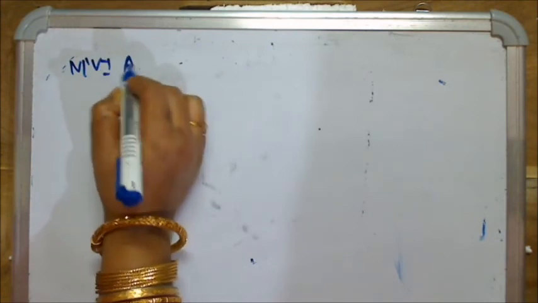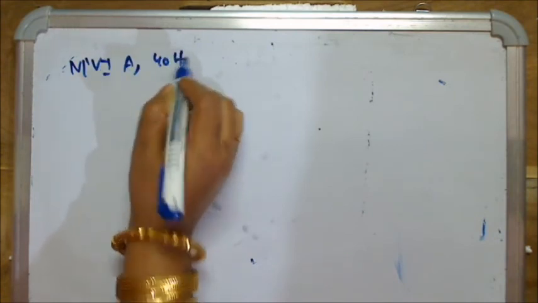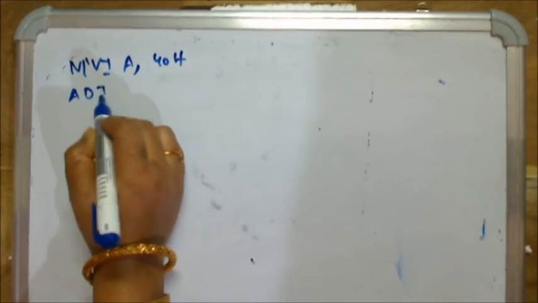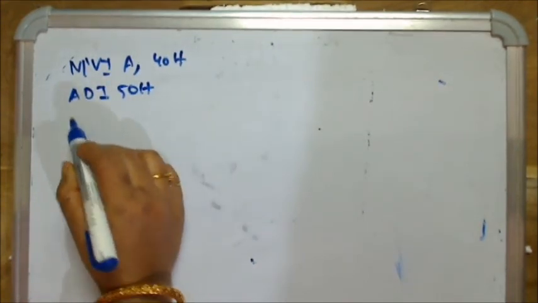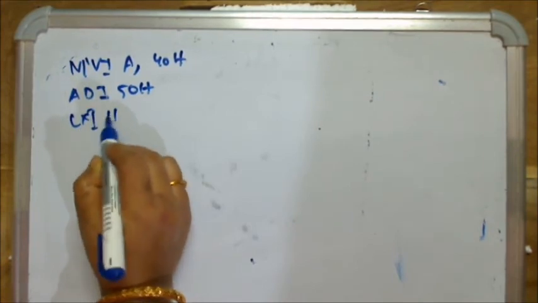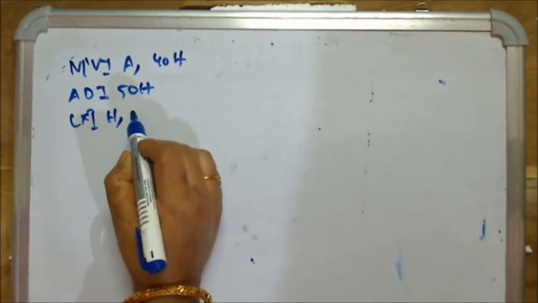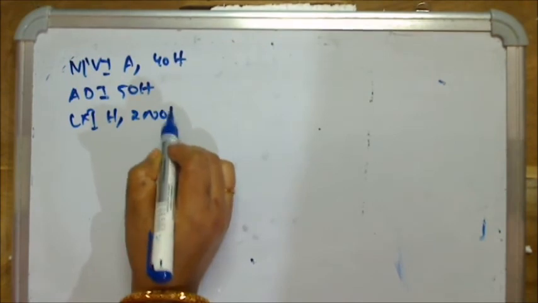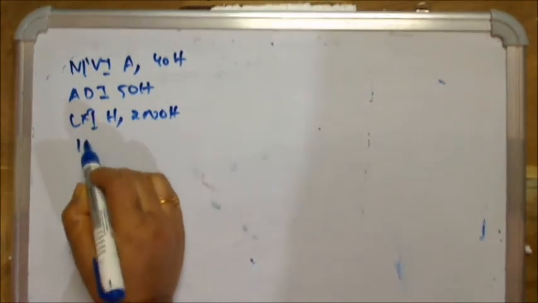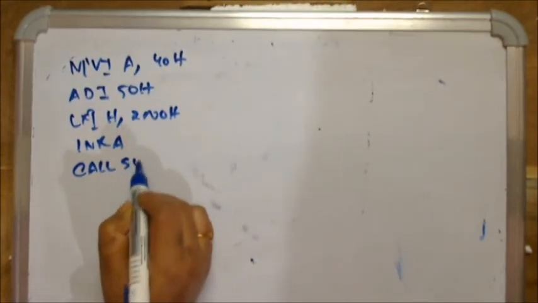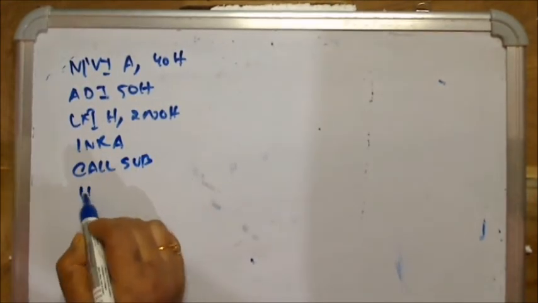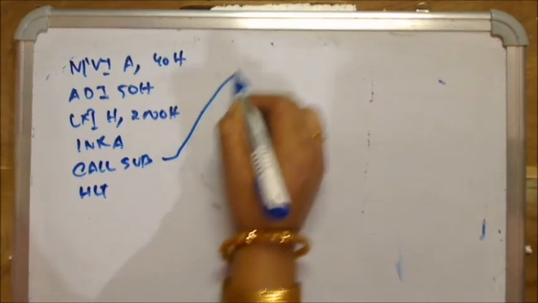MVI A, 40H, and then ADI 50H, LXI H, 2000H, then INR A, then call subroutine.